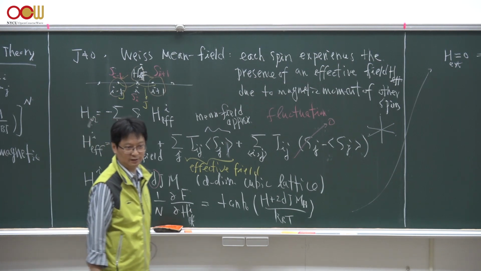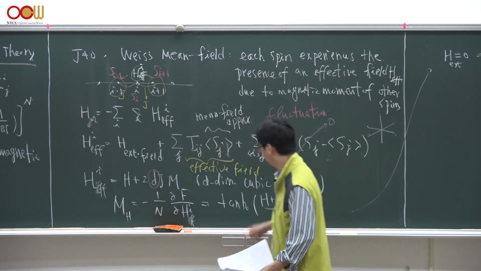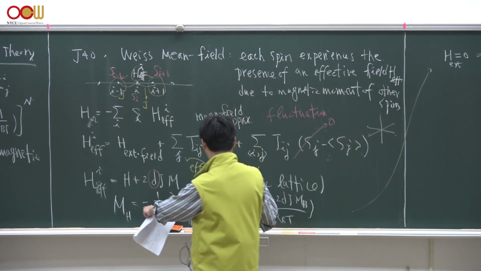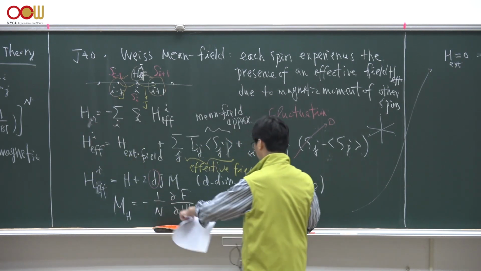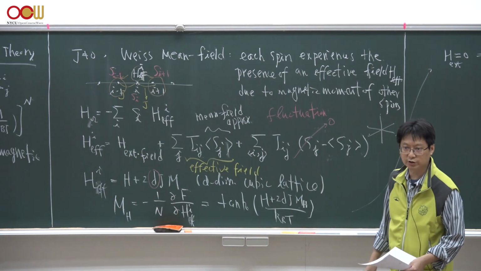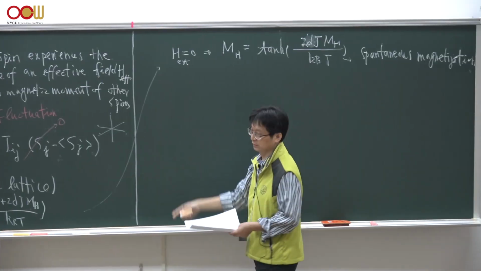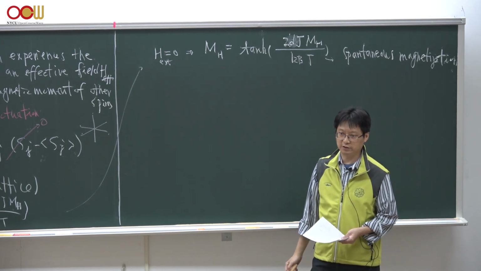So to determine the magnetization, we need to solve this equation simultaneously, iteratively, or self-consistently, because the unknown variable appears on both sides of the equation, and the way that we solve this is actually the same as we did before for the infinite long-ranged Ising model.